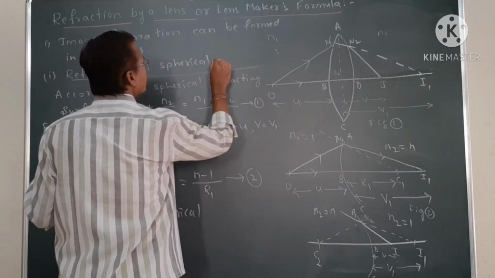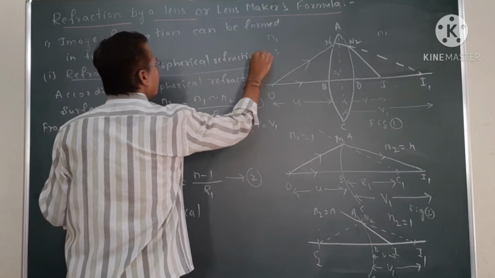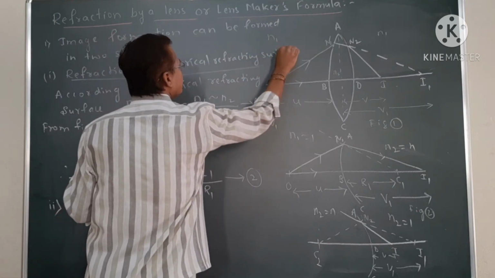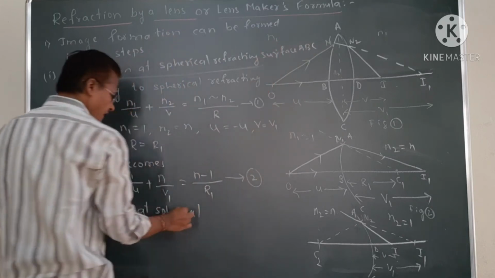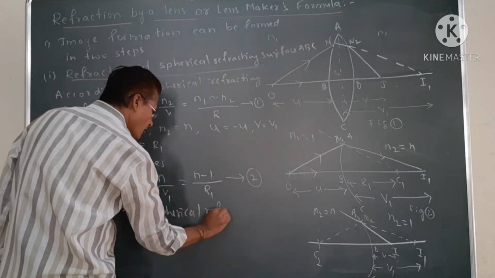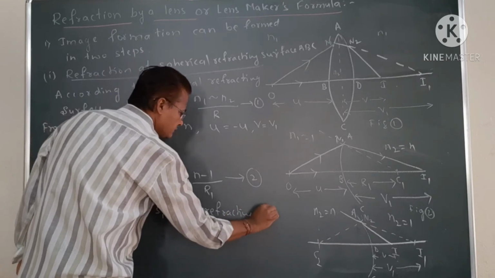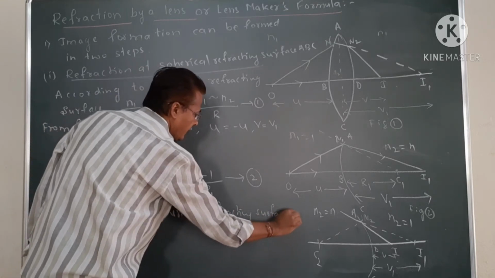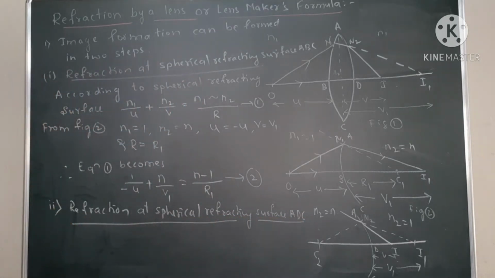It is the spherical refracting surface ABC. So this is a spherical refracting surface ADC. Okay, spherical refracting surface ADC.